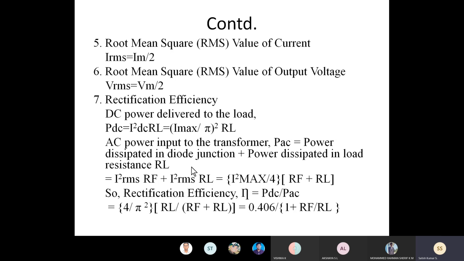So what do these two statements mean? What do these two terms represent? The power dissipated in your diode junction and the power dissipated in your load resistance RL.